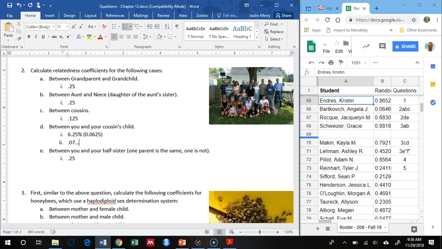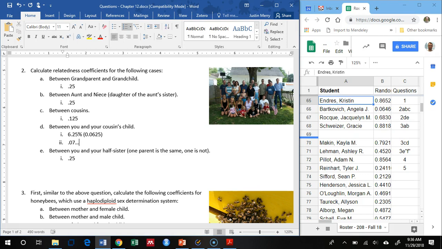The easy way to think of these is that with each step, you're halving your relationship with the person. So you've got mother and father, and then I'm going to put my family up here, even though my sister doesn't actually have a kid.